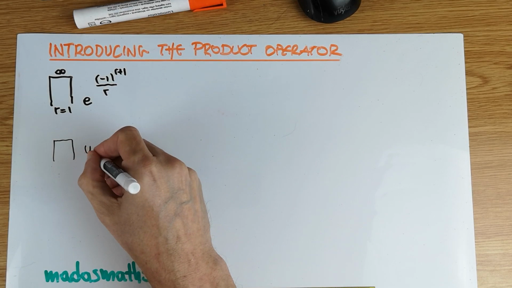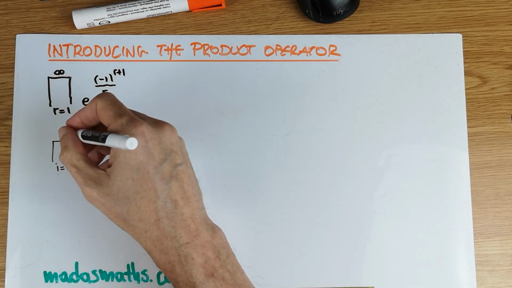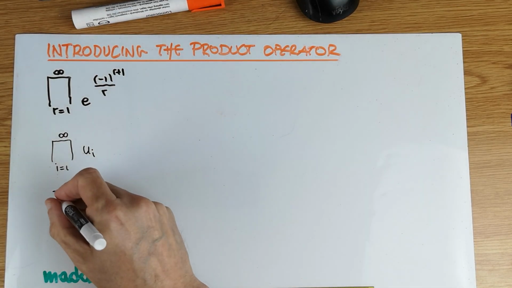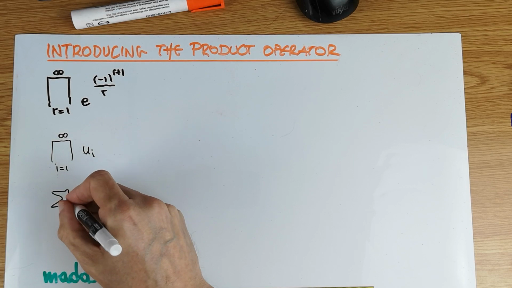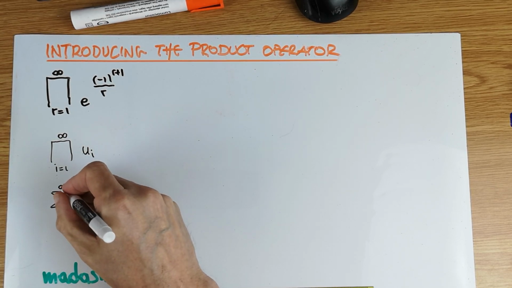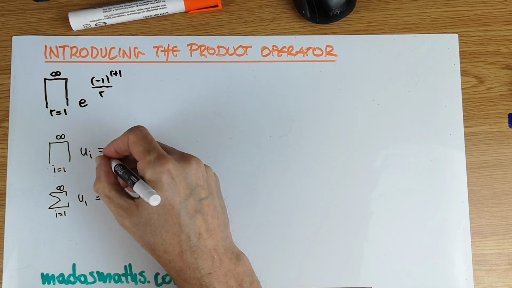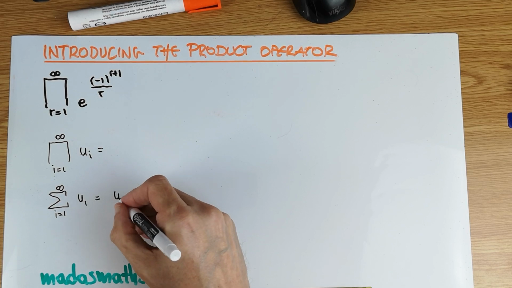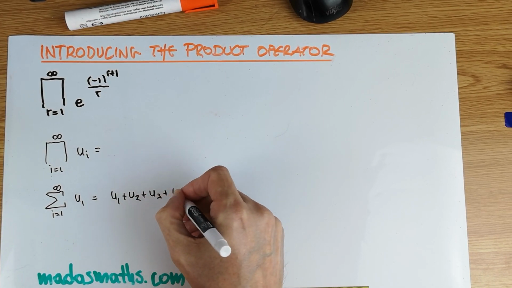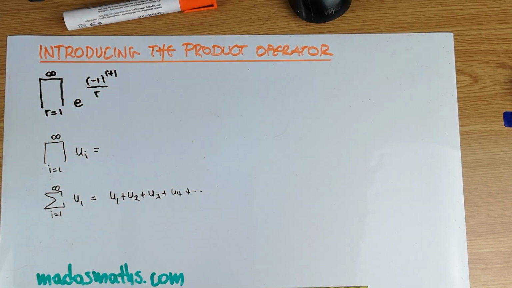about it. So let's say ui from i is equal to 1 to, let's say, infinity. It works very similar to the sigma operator. So I'm writing a sigma operator here. So from 1 to infinity ui. Of course, this gives a command to add, to sum. So this will be u1 plus u2 plus u3 plus u4 forever, goes to infinity, starting from i is equal to 1.